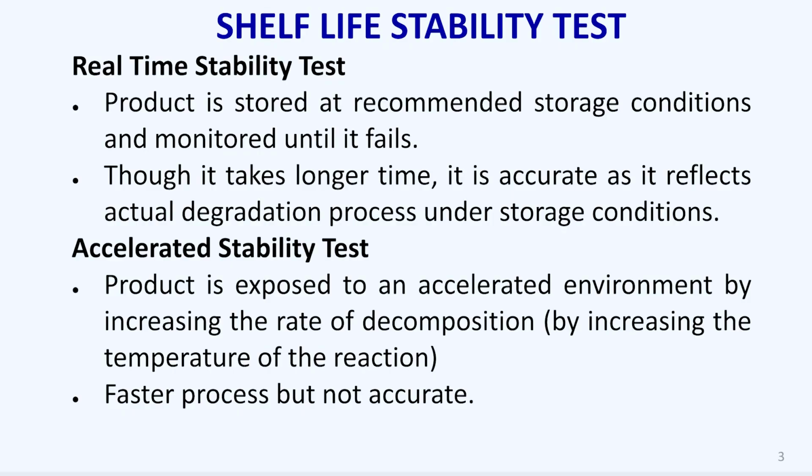There are two types of shelf life stability test. One is real time, another one is accelerated. In the real time stability test, as the name indicates, in reality the product is stored under the recommended storage condition. The storage condition varies from one product to another.